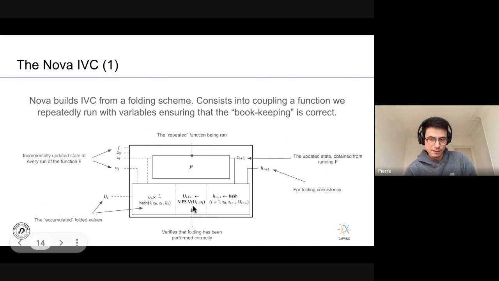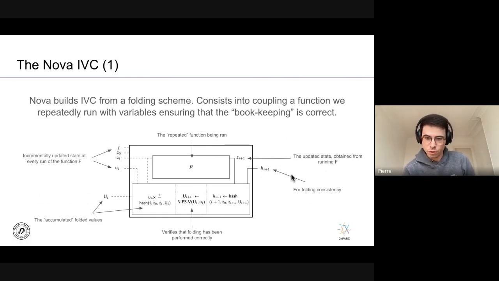Here you can see that you have something called NIFS.V, which means the non-interactive folding scheme, the verifier part of it. So within the big Nova car, you are also going to run the non-interactive version of the folding scheme, and you are going to run the verifier, which is going to check that folding has been performed correctly.